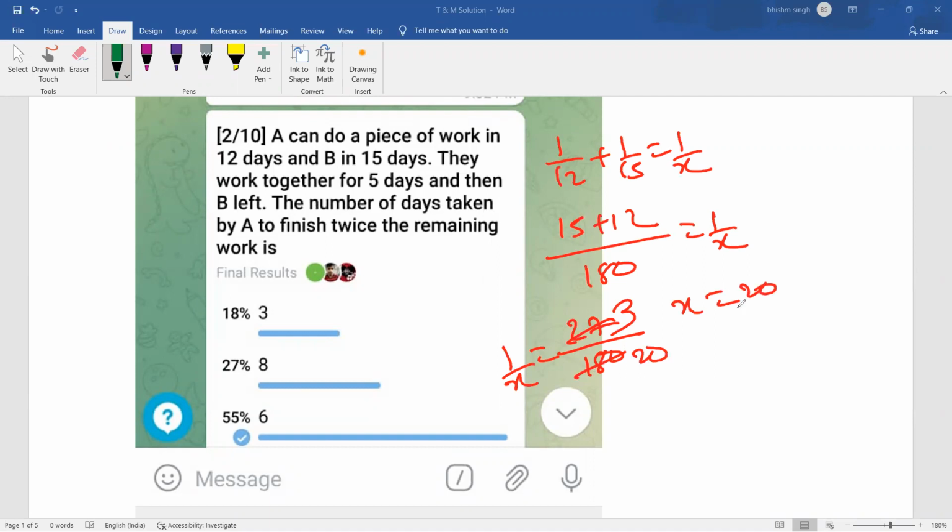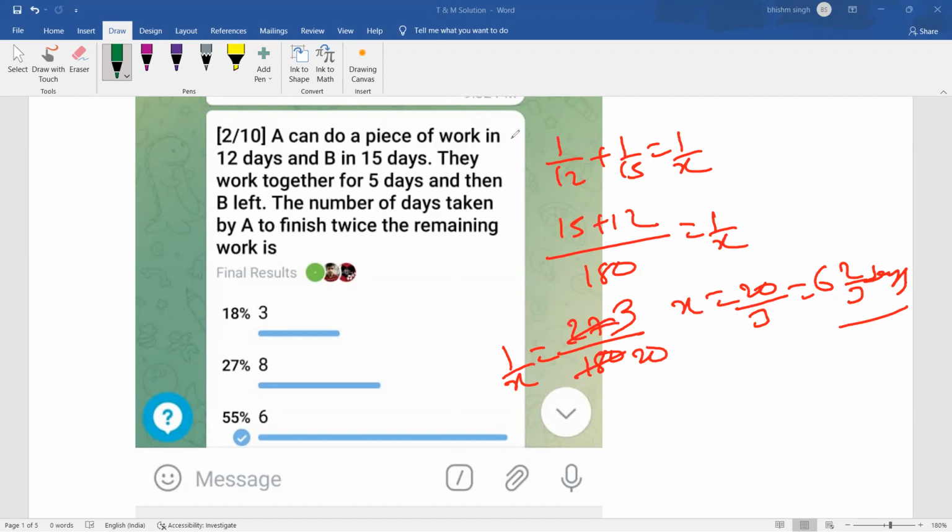So x is equal to 20 by 3, that is 6 2 by 3 days is the correct answer here. I think this is the correct answer for this one.